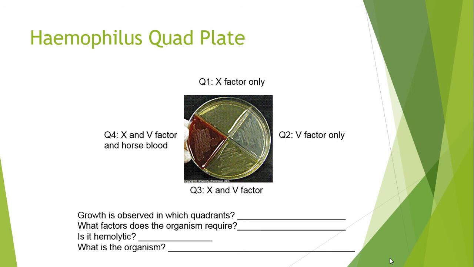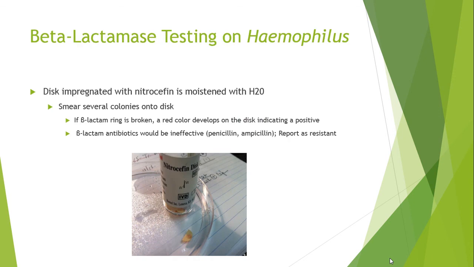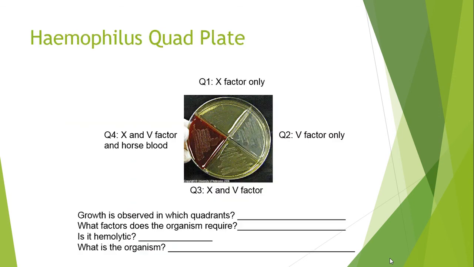Is it parahaemolyticus or parainfluenzae? Parainfluenzae, right? Because it's not hemolyzing, so it's not parahaemolyticus. All right. Now, which quadrants would Haemophilus ducreyi grow in? First one, and third, and fourth, right?